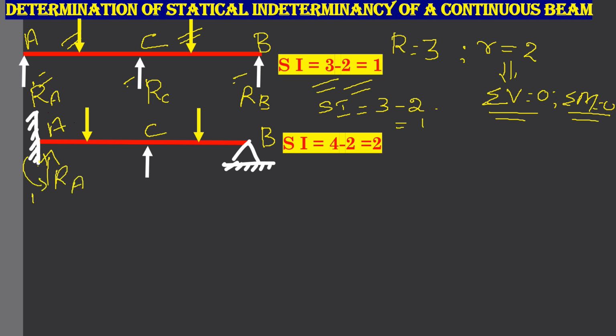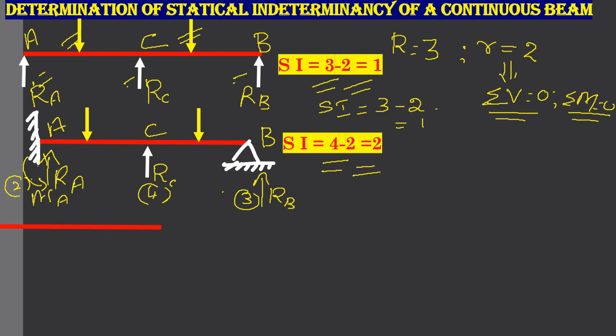You will have a moment MA. So number of reactions is 2. Here at the simple support you will have reaction RB and at C you have the reaction RC. So totally it is 4 minus 2. 2 is the number of equilibrium equations available to solve your problem.